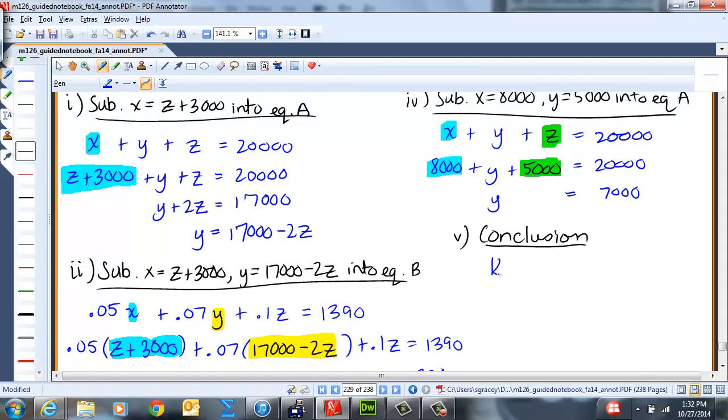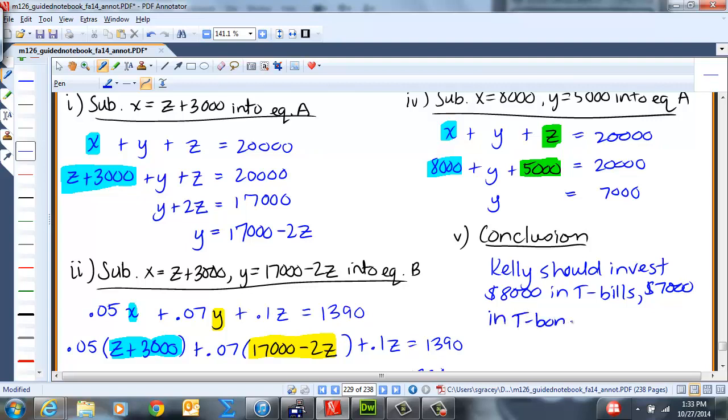So Kelly should invest $8,000 in T-bills, $7,000 in T-bonds, and $5,000 in corporate bonds. And we're done.